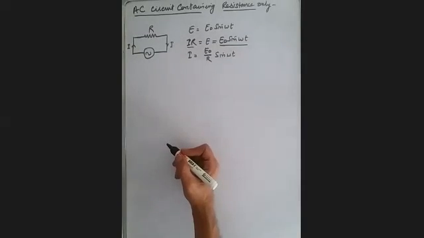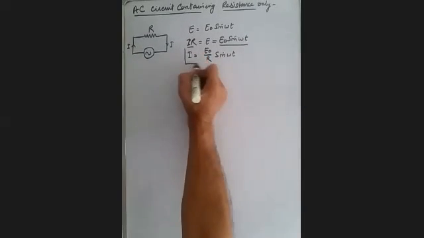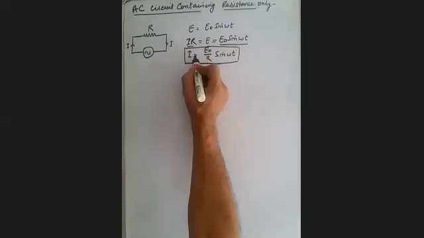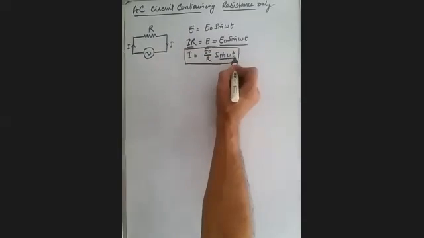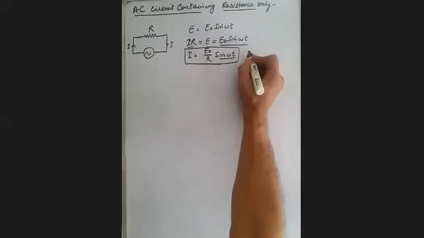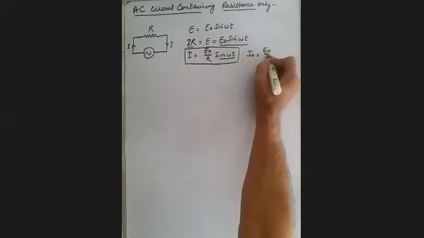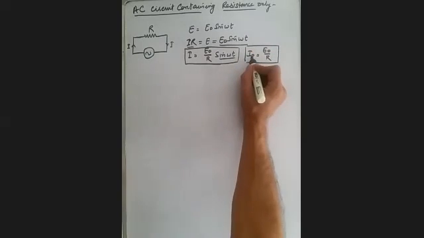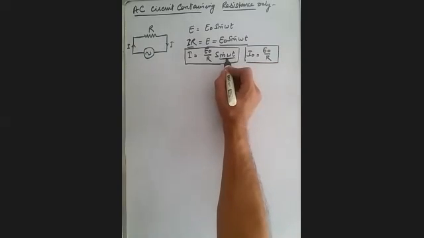Now, for the maximum value of I, sine omega t must be maximum, which is equal to 1. So I naught will be equal to E naught divided by R. So the peak value of current, the maximum value of current, is given by E naught by R, because the maximum value of sine omega t is 1.